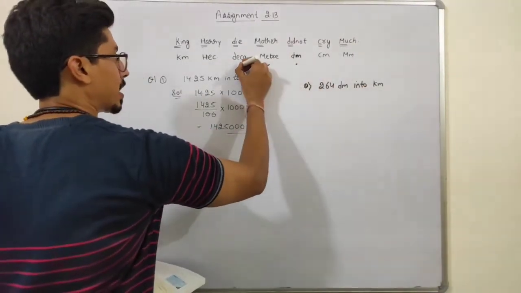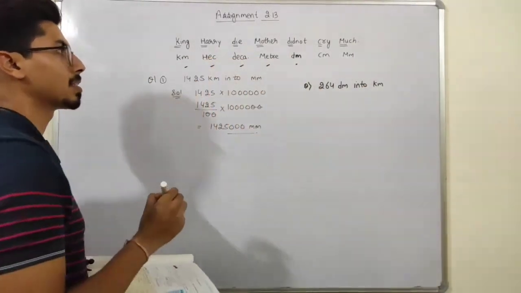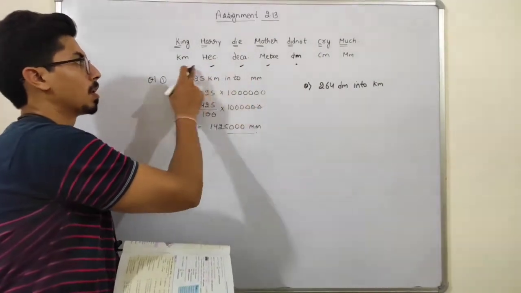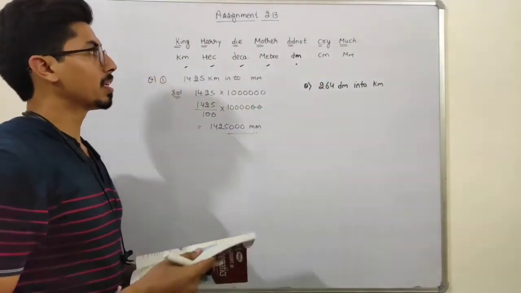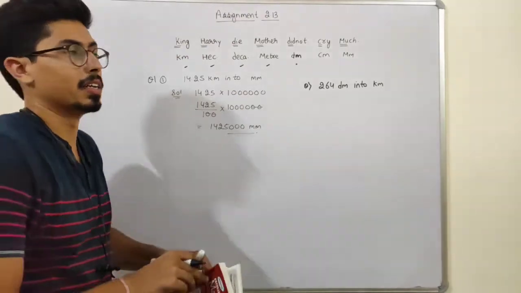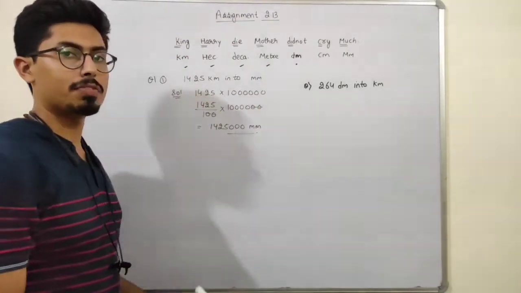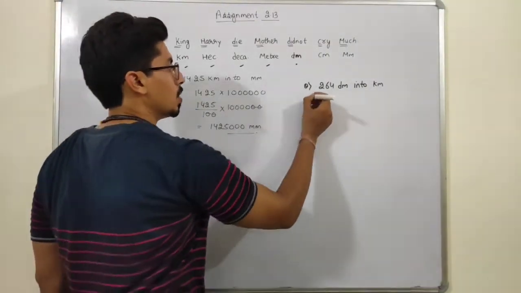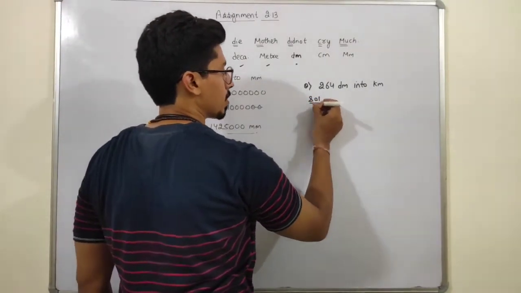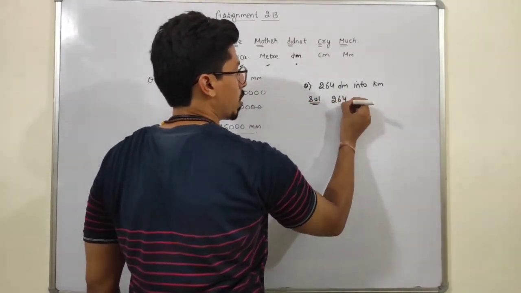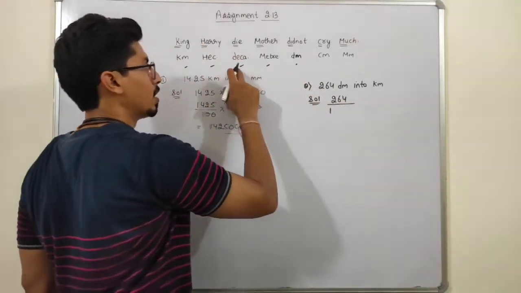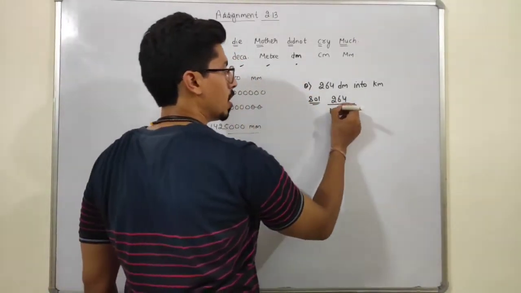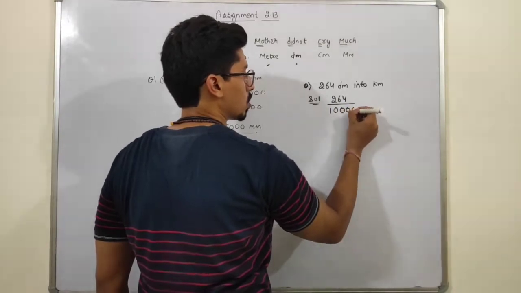So first place, second place, third place, and fourth place. So I have to go here, but I have to go to the left hand side. So to go to the left hand side, I have to divide. So it will be 264 divided by 1, 2, 3, 4 places are there, so divided by 4 zeros.